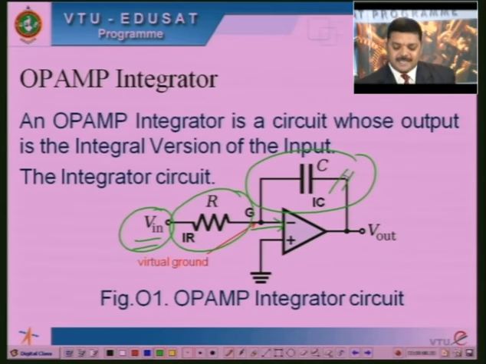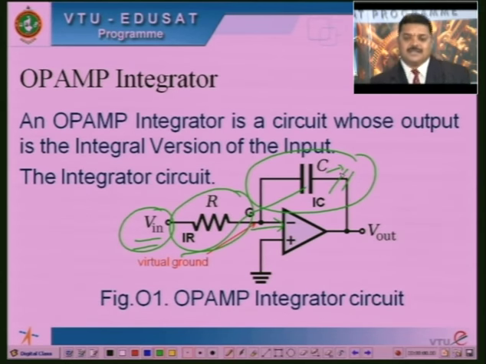So, if we connect a capacitor in an inverting amplifier in place of feedback resistor, then the circuit becomes an integrator, op-amp integrator. So, integrator means RC. Let us move like this: input and then feedback, RC integrator, CR differentiator, like that.